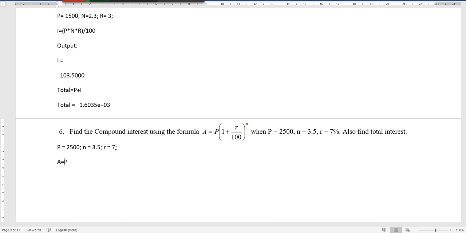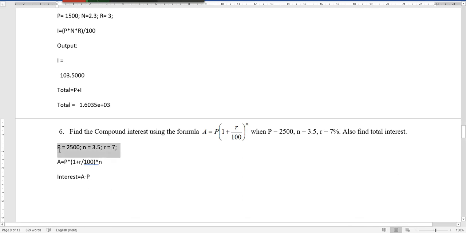So write P into 1 plus R. Use the same variables, whether capital or small letters, use the same. And also find the interest. Interest equals total amount minus principal amount.